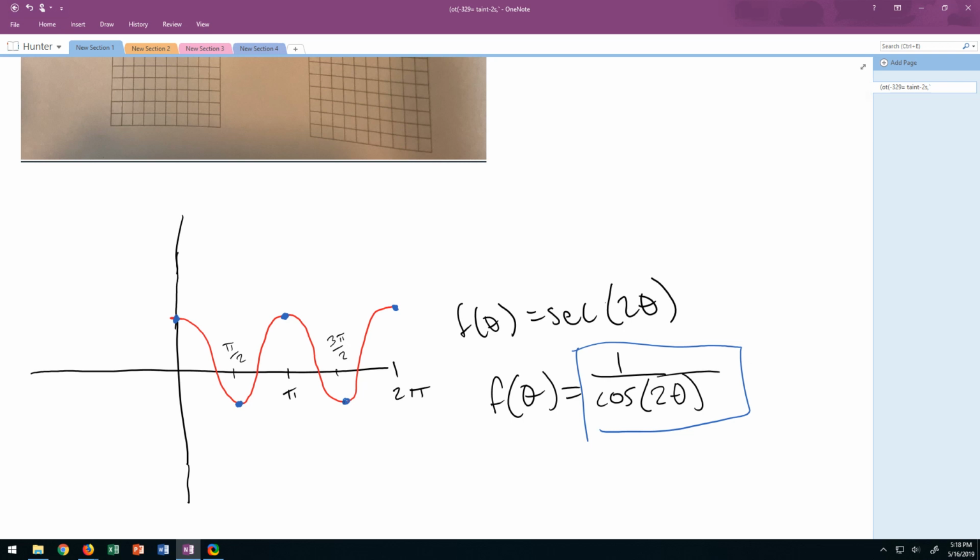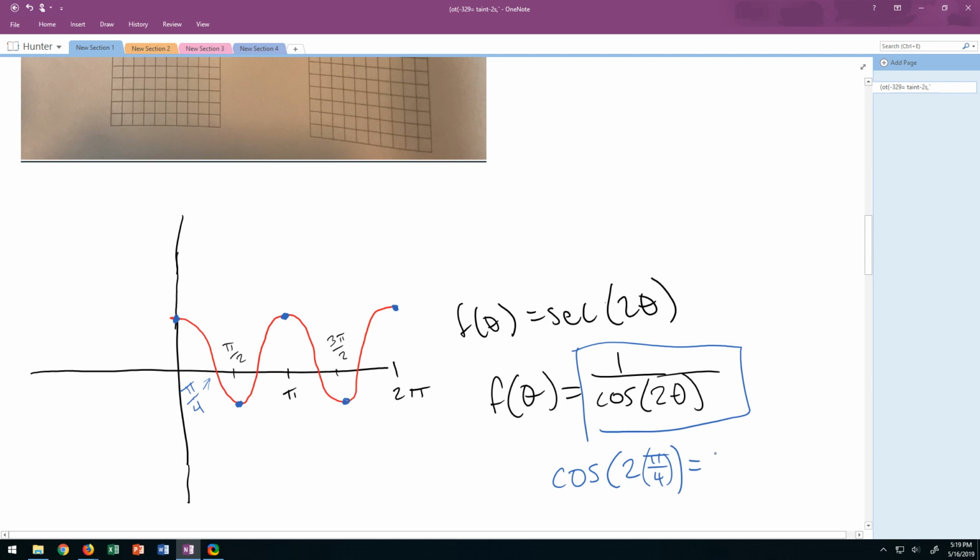Now let's imagine what happens, where do we want to go next? Let's imagine what happens when theta is such that cosine of 2 theta is 0. In this case, this is going to be pi over 4. So at pi over 4, can I write this down? Cosine of 2 times pi over 4.